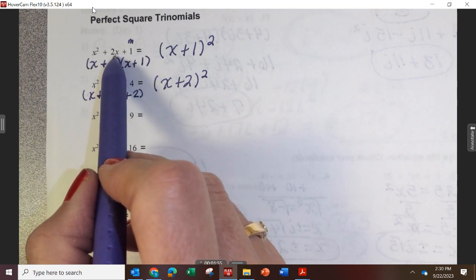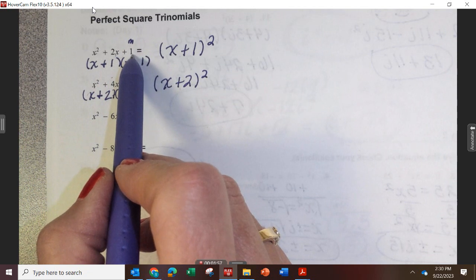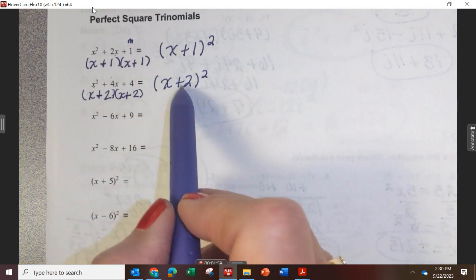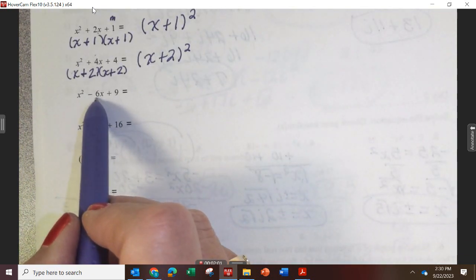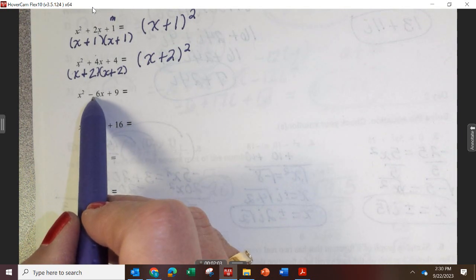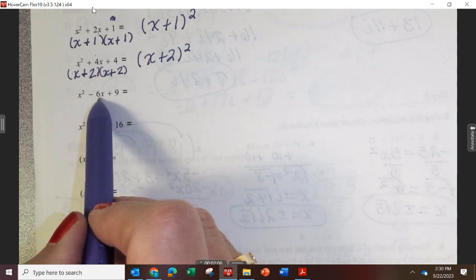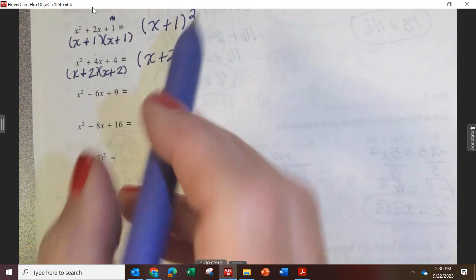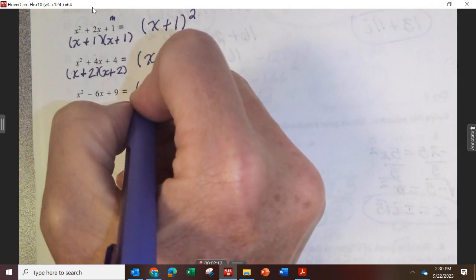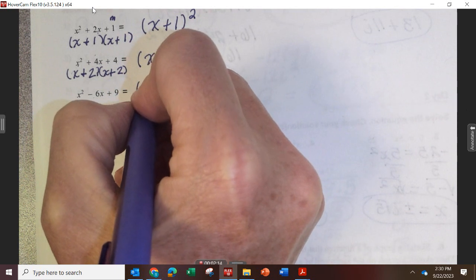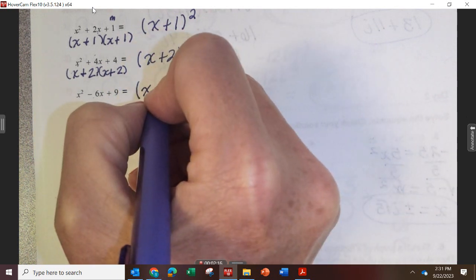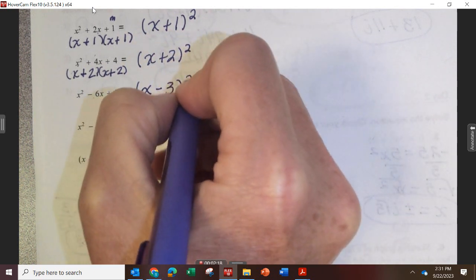So if half of this number squared is equal to that, then we should be able to go directly here. What's half of negative 6? Negative 3. And then square that. What's negative 3 times negative 3? Positive 9. So this will go directly into what? X minus 3 quantity squared.